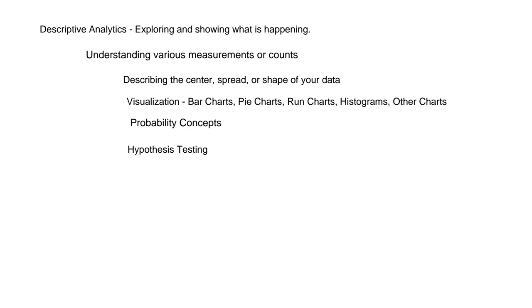You may have remembered from statistics, you can be right, but you can also have a type 1 error or a type 2 error, where you went with one conclusion when the other conclusion was right, or you went with the other conclusion when your null hypothesis was right. So that all comes down to probability. How confident can I be that I drew the right conclusions? It all comes down to thinking about the probabilities.